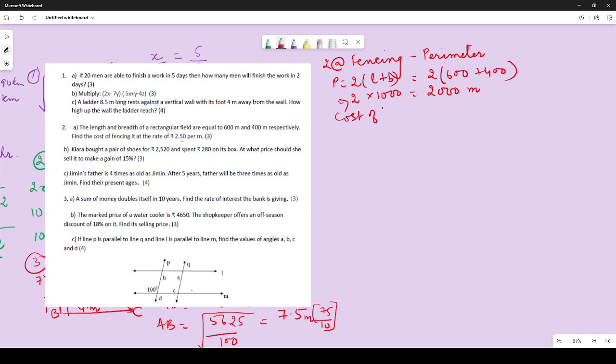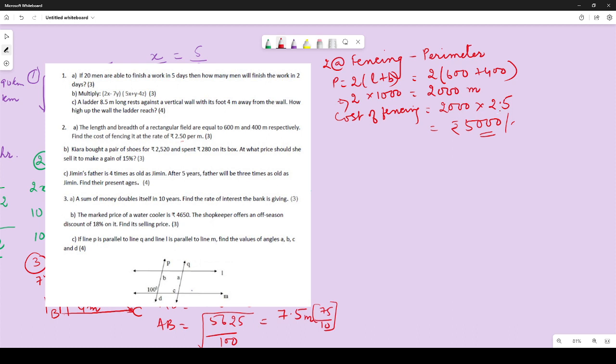So cost of fencing is equal to 2000 into 2.5. So you will get rupees 5000, right? बहुत सारे लोगों ने इसको 50,000 या 500,000 लिखा है, but that is incorrect.